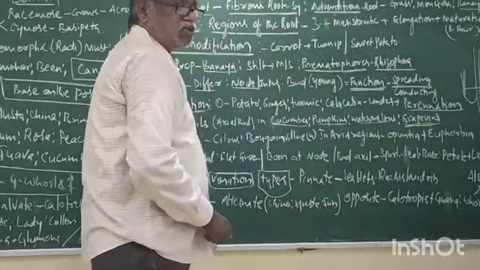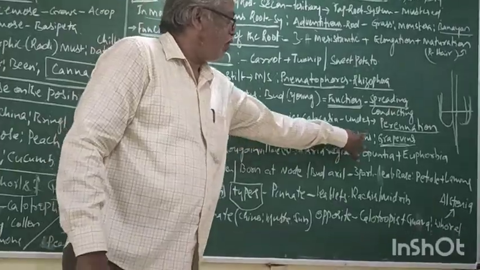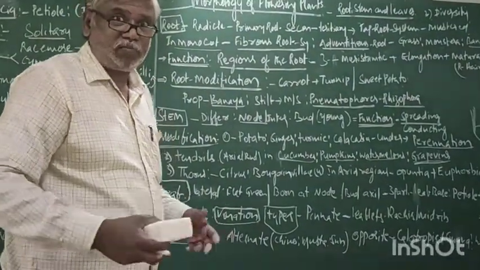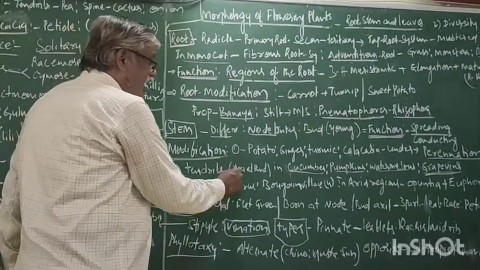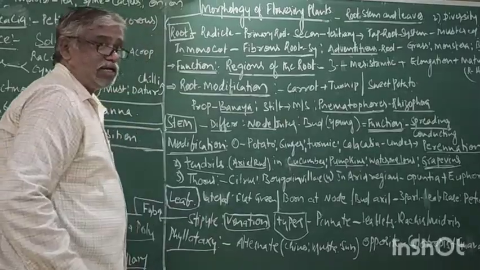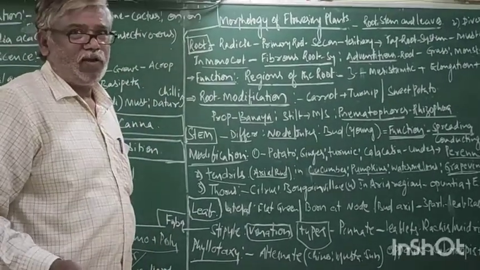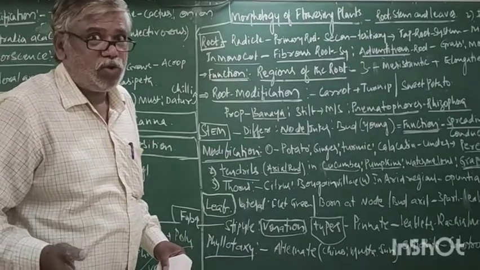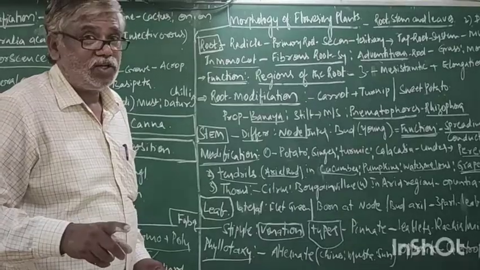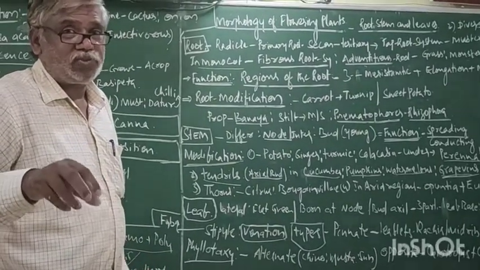In these four plants, the stem at axillary buds is modified as tendril for supporting, for climbing, because the stem is weak. Due to this, at axillary buds, the stem modified into tendril helps in climbing.